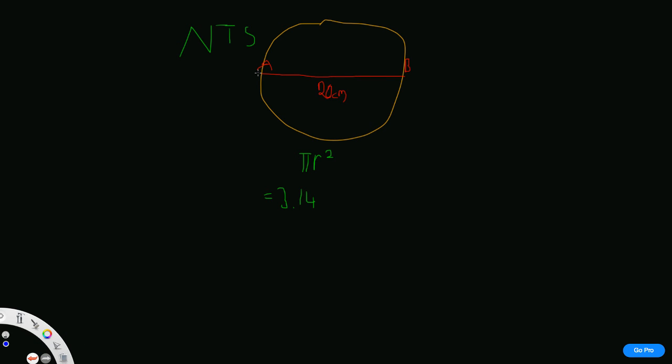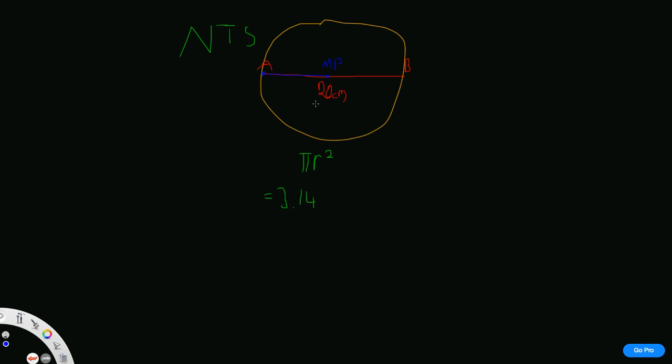We only have the diameter, which is the length from point A all the way to point B. And the radius is the length from point A all the way to the midpoint. As you can see, there is a way of finding the radius from the diameter. The radius is half of the diameter, as the radius is the length from point A to the midpoint.